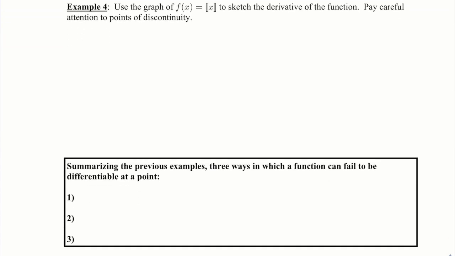In example 4, we'll do the same kind of thing, but instead of being given a graph, we'll just develop our graph. So we're looking here at the greatest integer function, and again, sometimes we see that as int with an x as an input. Sometimes we see it with this double bracket. And we want to think about what that graph looks like and then sketch the derivative.